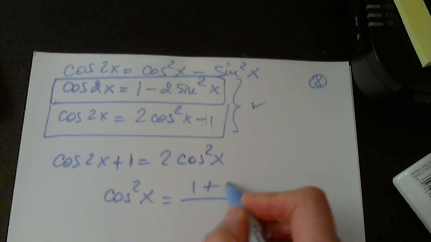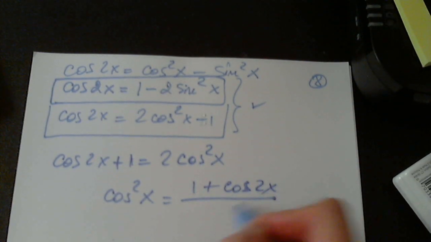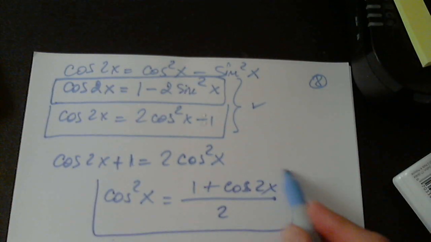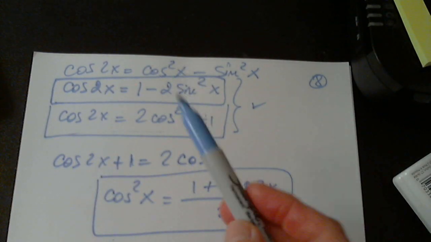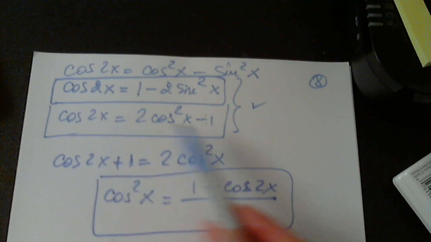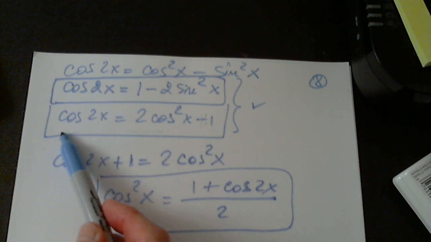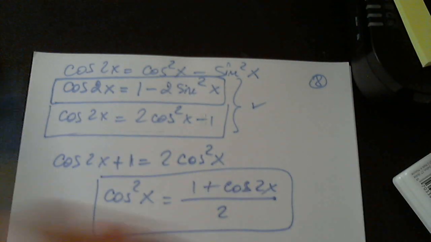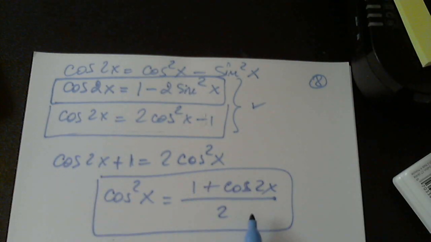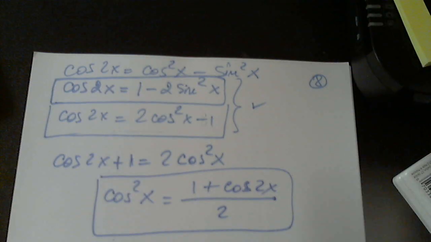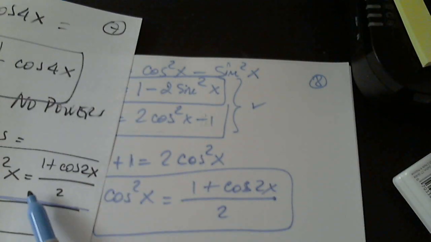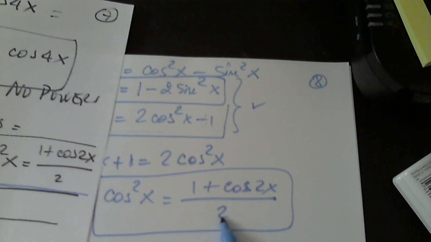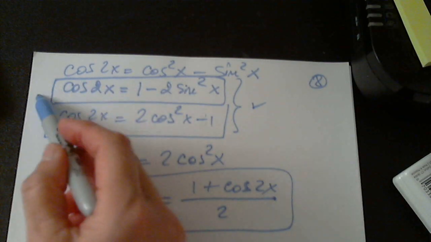So I have 1 plus cosine 2x over 2. From this identity, I solve for cosine squared. I add 1, so I have cosine 2x plus 1, or 1 plus cosine 2x, and I divide both sides by 2, and I get this identity: cosine squared x equals 1 plus cosine 2x over 2. Now the other identity comes obviously from here.